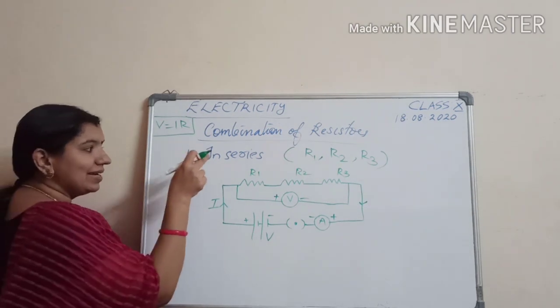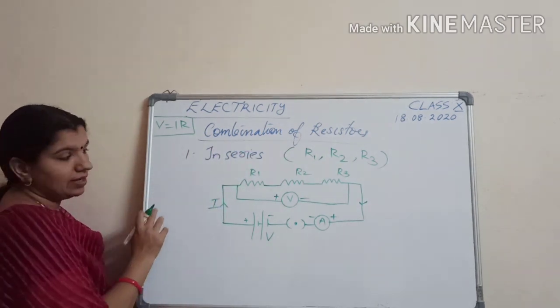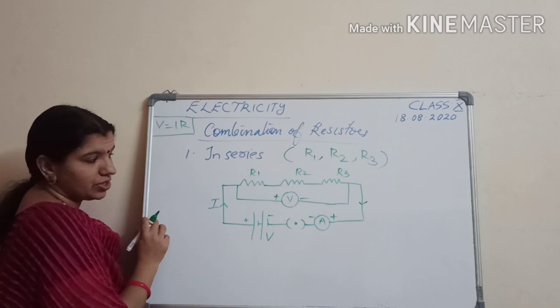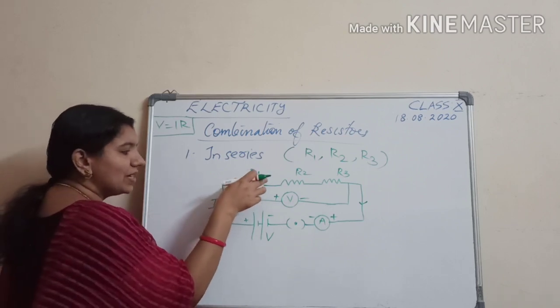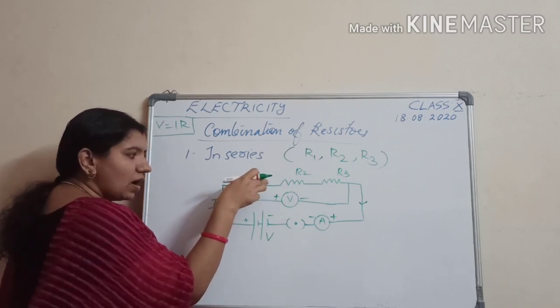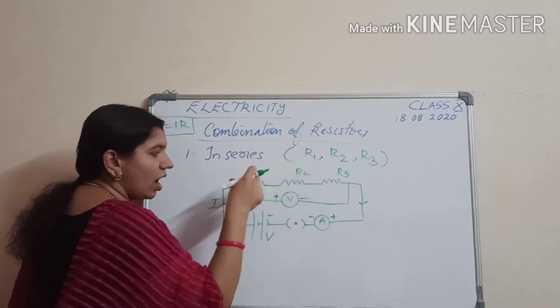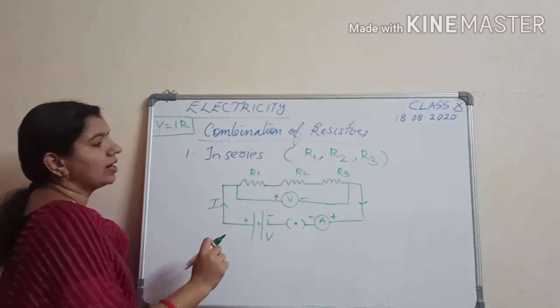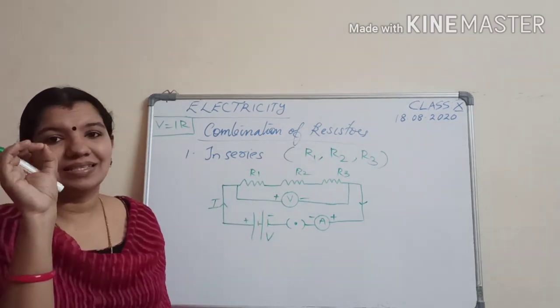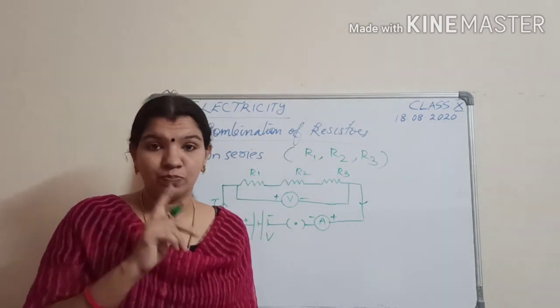Clear? But in the case of a series connection, if I am measuring the current across R1, then the current across R2 and the current across R3, the current will be the same. That is the first point.